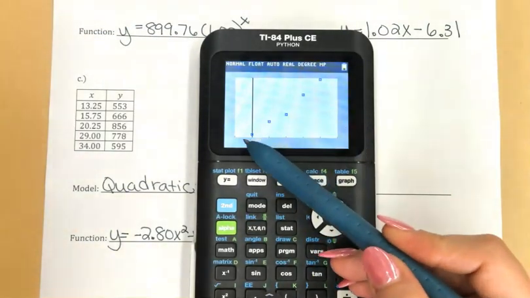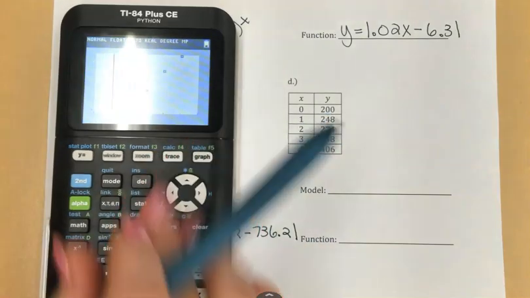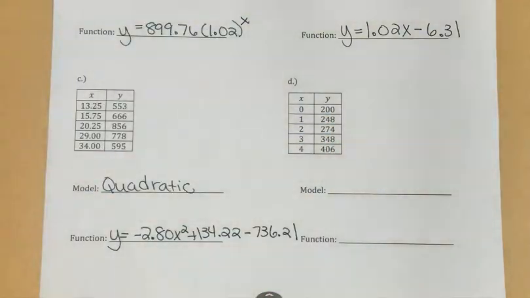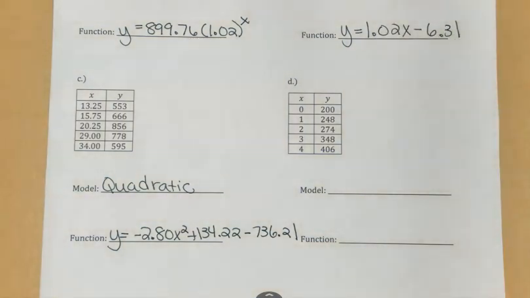And so we are not increasing by the same amount the whole time. So we're going to call it exponential because we are not increasing by the same amount every time. The slope would not be constant.